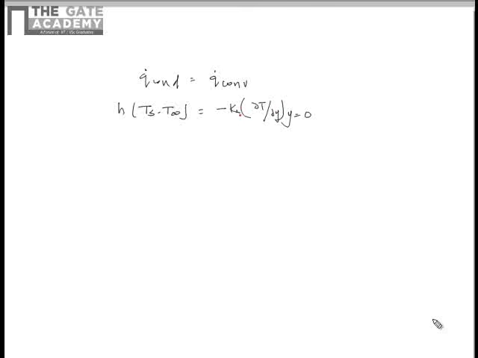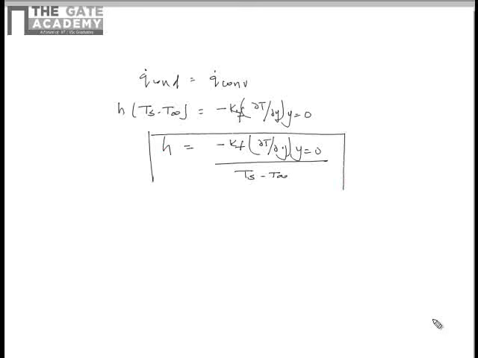Remember, this thermal conductivity is of the fluid. So the convective heat transfer coefficient h can be given as minus k fluid del T upon del y at y equal to 0, upon Ts minus T infinity. This is one of the important relationships. Okay, this is important.